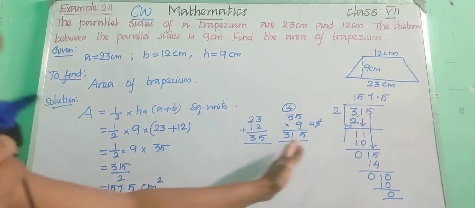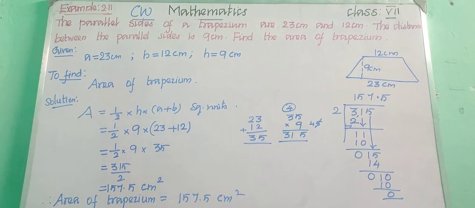Write all the rough work in the right side of your notebook. Just draw a line in the right side and write the rough work. Children, have you all understood? Simply, if you know the area of trapezium formula, we can do the sum very easily. So pause the video and write.